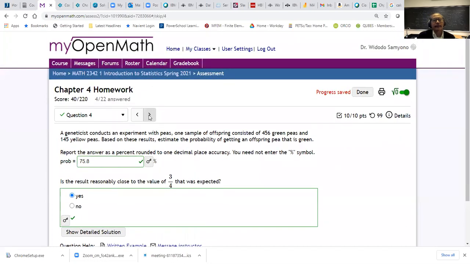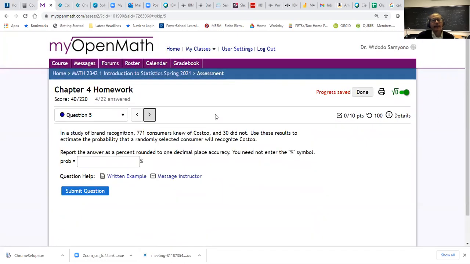Okay, so the next one. The probability of randomly selected will not recognize. Okay, so will not recognize, that means is this one, right? So the answer will be 30 divided by the total, right?